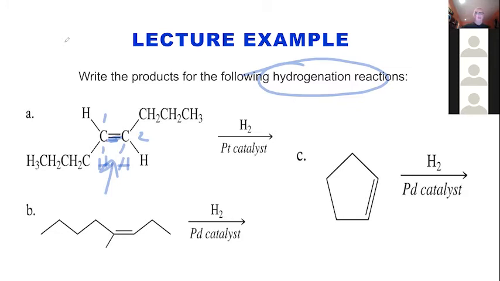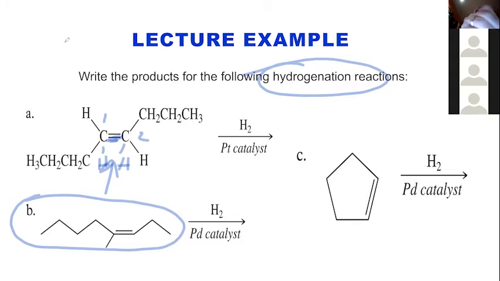Now, what about B? Yes, so the way that you draw that structure is just like that, where there are two hydrogens attached to each. So one hydrogen atom goes to carbon 1, and one hydrogen atom goes to carbon 2. Yeah.